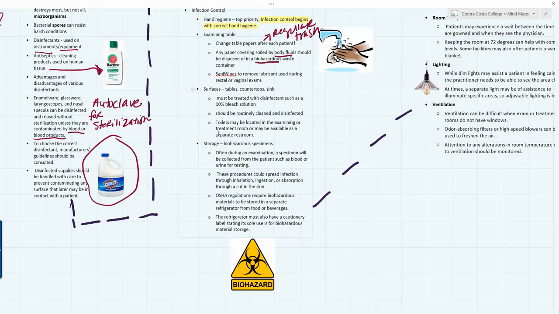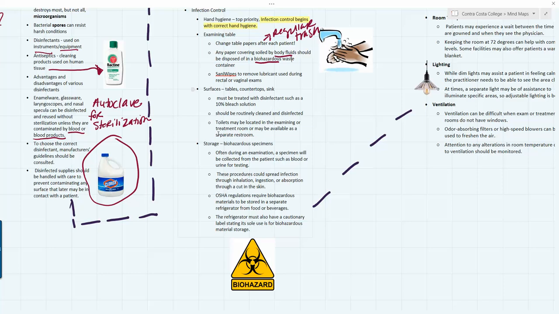Sometimes they have sputum samples and they'll have to cough or produce sputum into a cup. We have semen analysis that is collected into a cup. There's all kinds of things that go into specimen cups, and those specimens all produce the risk of spreading infections through inhalation or ingestion or absorption through a cut in the skin.